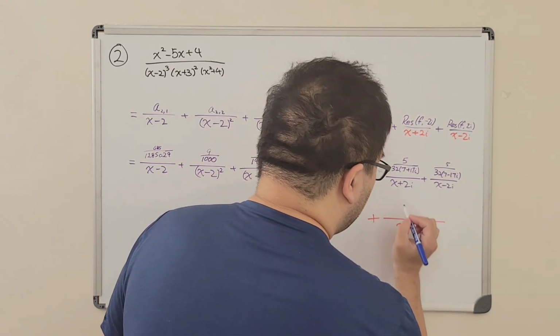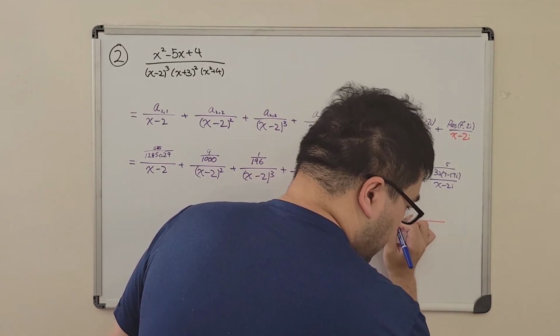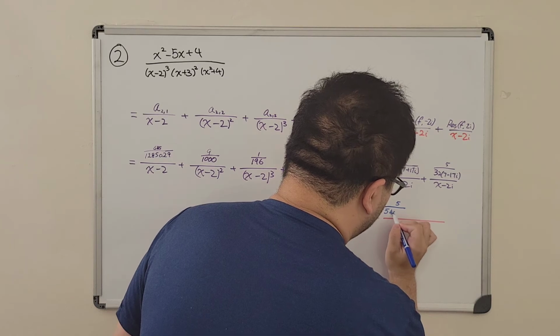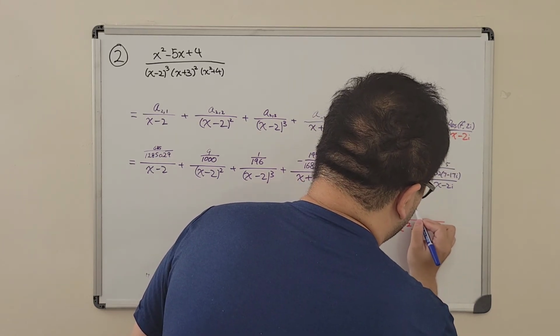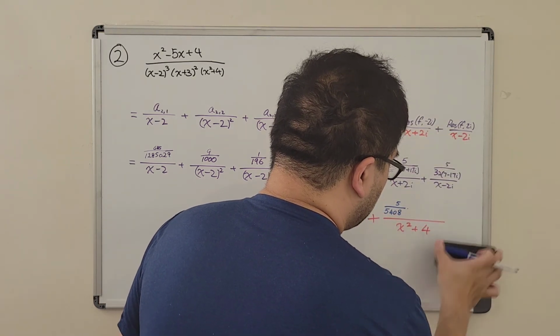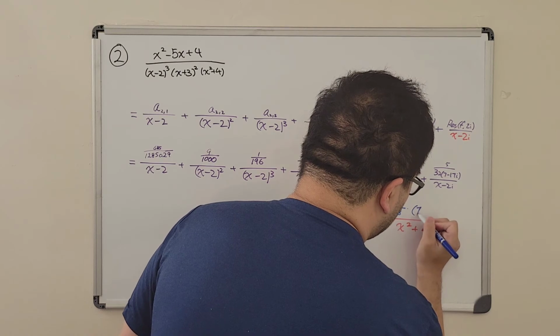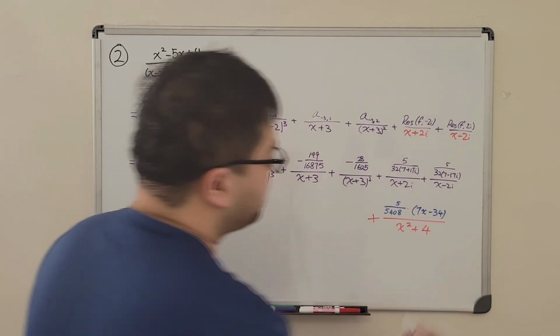and simplify. We will get 5 over 5,408 times the quantity 7x minus 34.